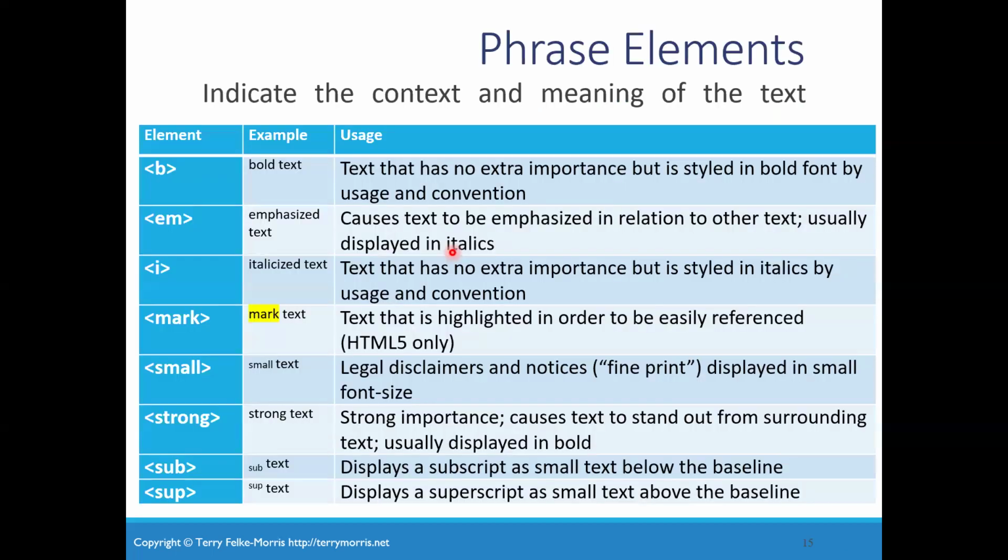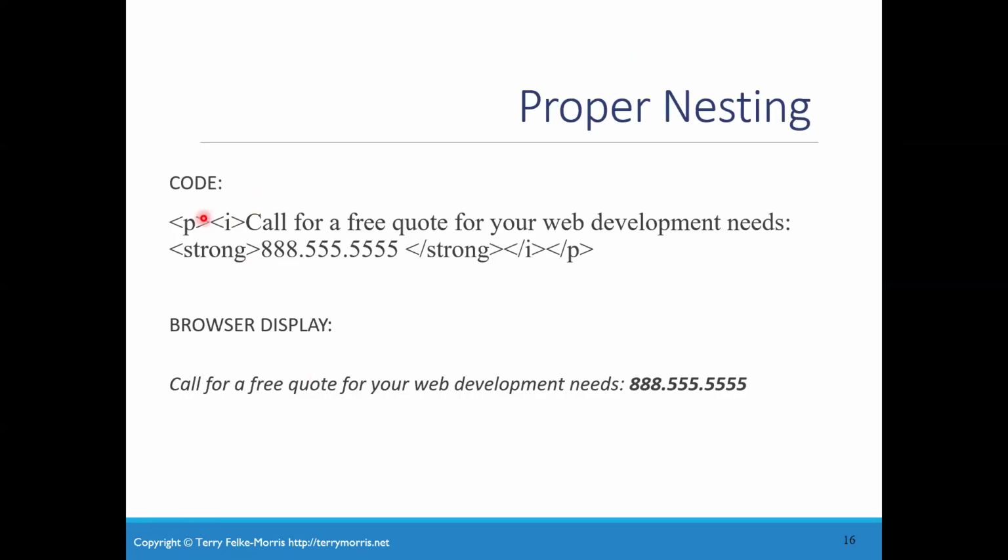Remember from this diagram, we said the I element displays text in italicized form. Now, if you type this in a document and you view it in a browser, this is how you will see it. All other information is italicized, but the numbers part is in bold.